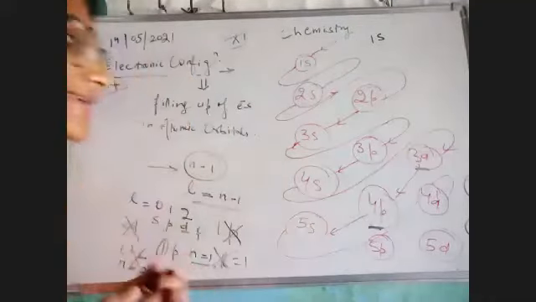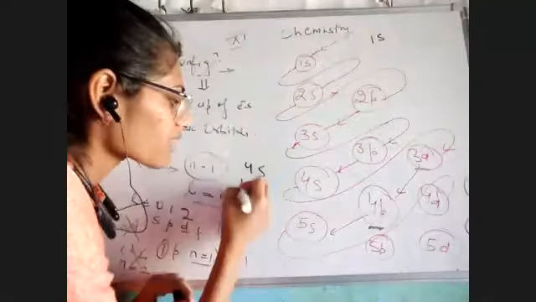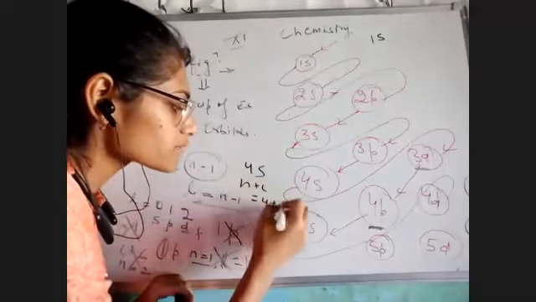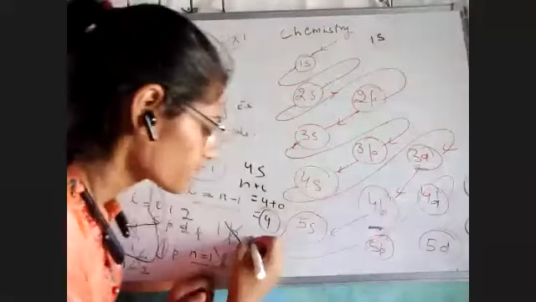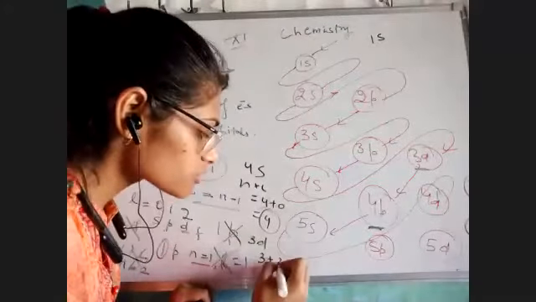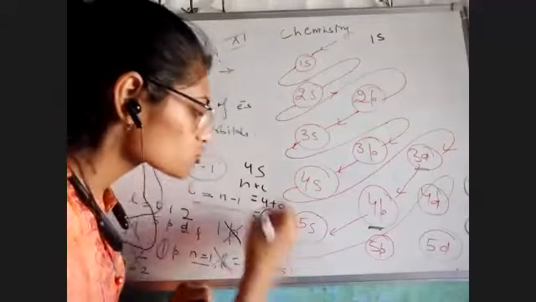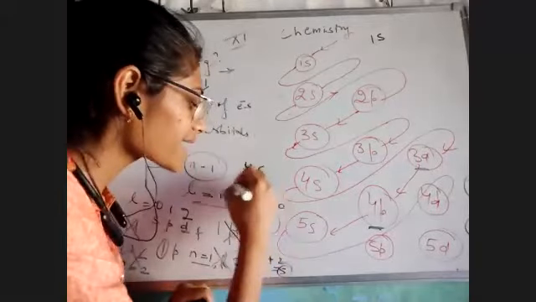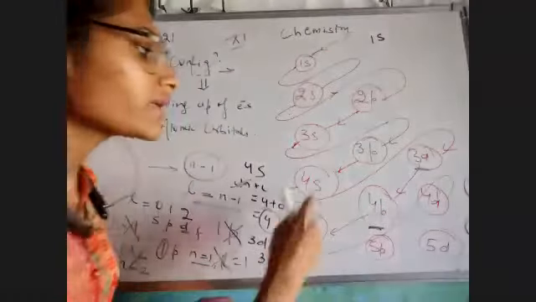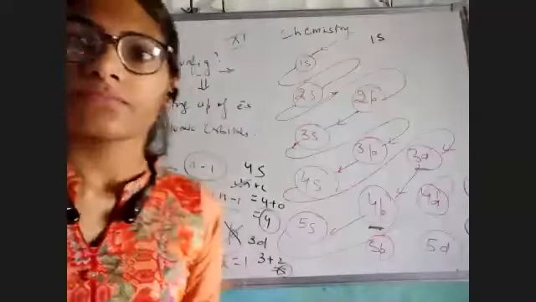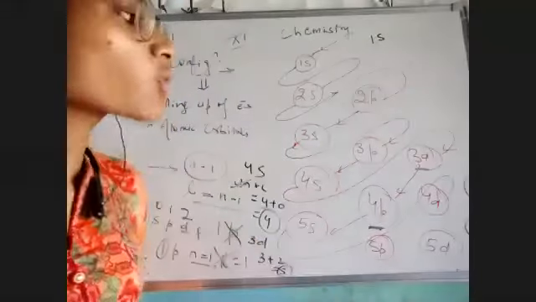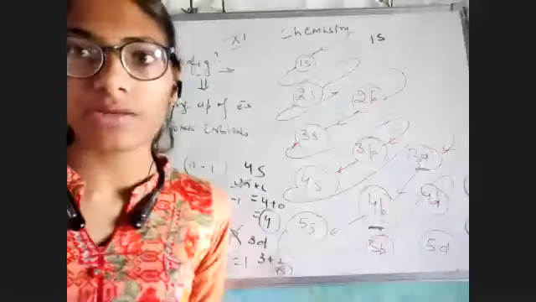The 4s has n plus l equals 4 plus 0 equals 4 only. And if I'm talking about 3d, it is 3 plus 2 equals 5. So 4s has lower energy than 3d. That's why 3p, 4s, then I'm jumping to 3d. But it is just a short trick to keep in your mind.